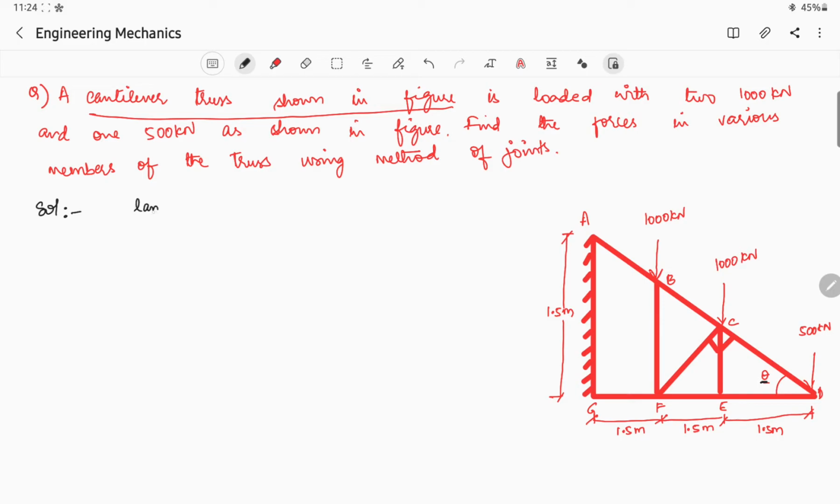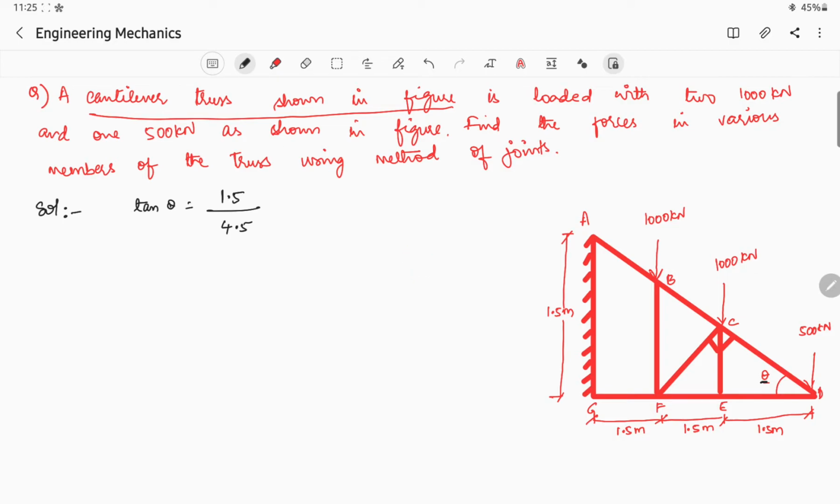So tan theta is equal to opposite by adjacent, that is 1.5 divided by 4.5. Triangle AGD is a right angle triangle, and the total distance is 1.5, 1.5 and 1.5, which gives 4.5.